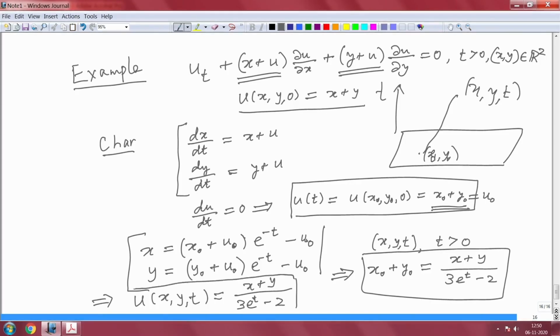So, this is also Cauchy linear equation, but we are able to find an explicit representation of the solution, which is valid not only for all x y, but all t bigger than or equal to 0.